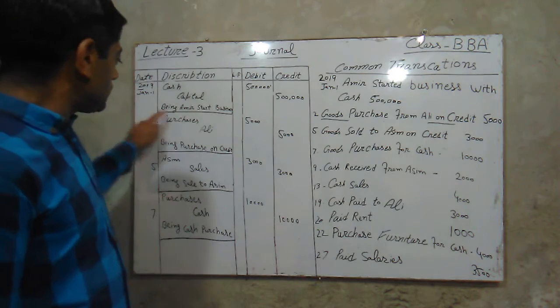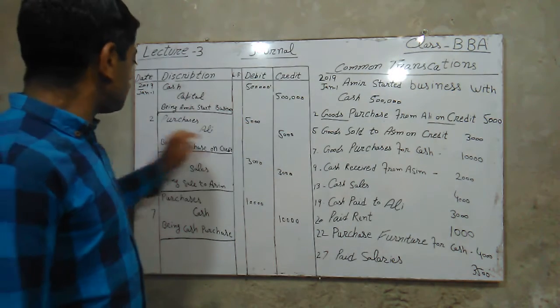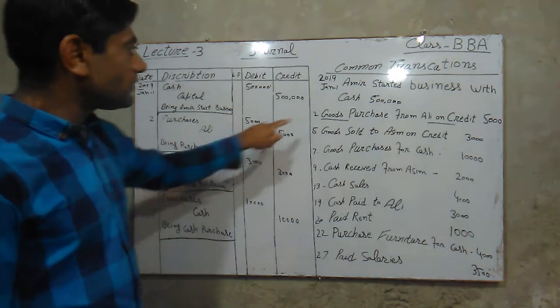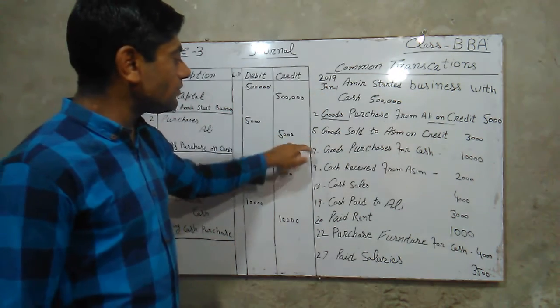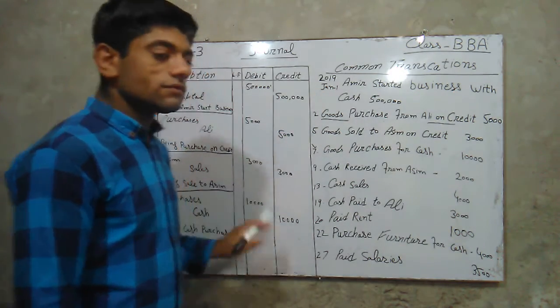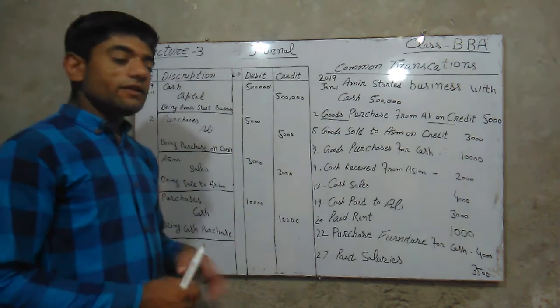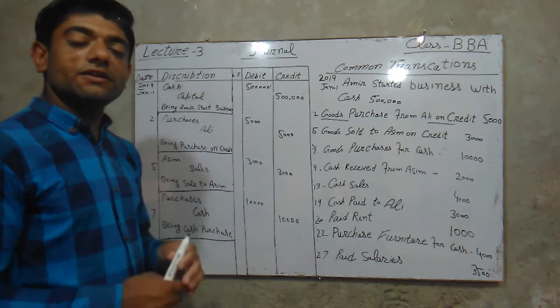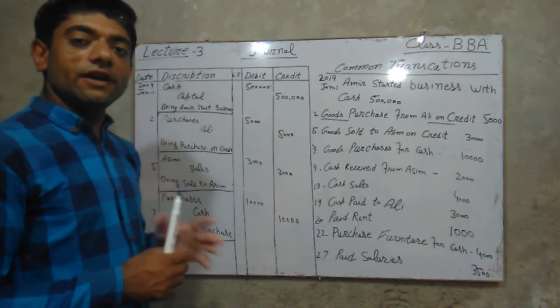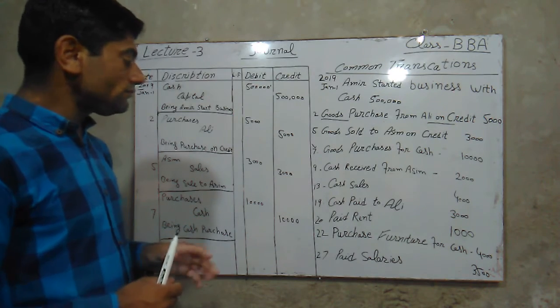So these four transactions make a journal entry of these transactions: first, second, third, fourth. Make a journal entry. Listen again: these are all common transactions of any journal question.